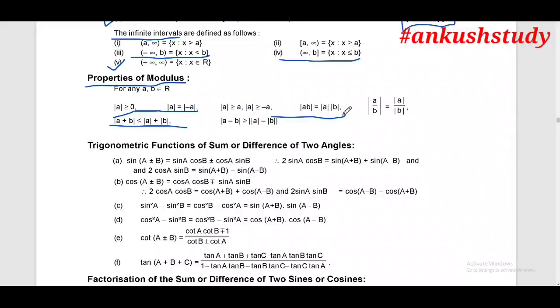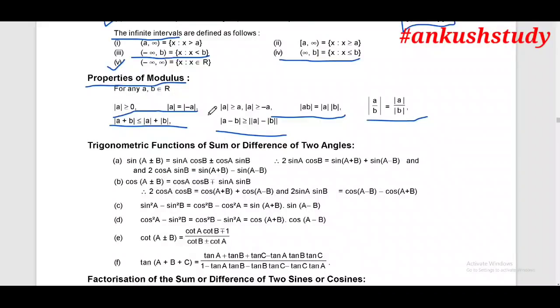Mod ab is equal to mod a into mod b, and mod a upon b is equal to mod a upon mod b. Mod a plus b is less than or equal to mod a plus mod b, and the last one is mod a minus b is greater than or equal to mod a minus mod b. All these properties of modulus are simple.